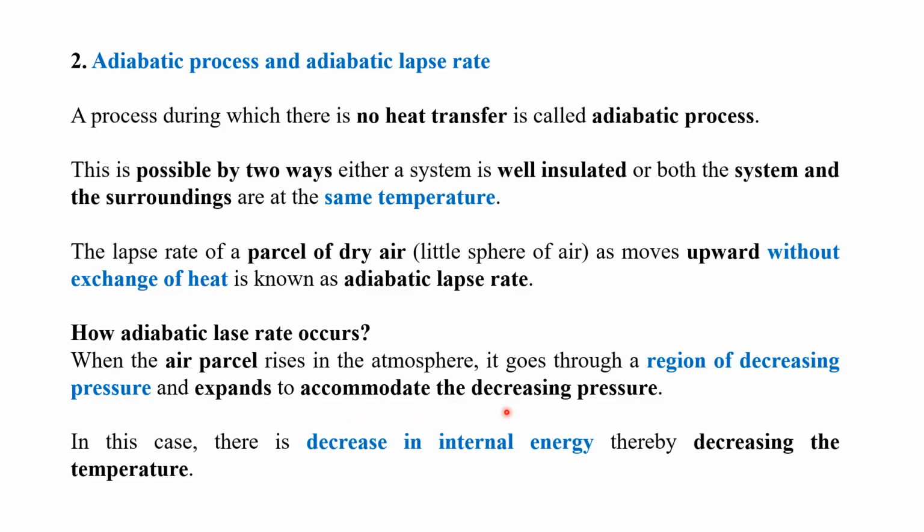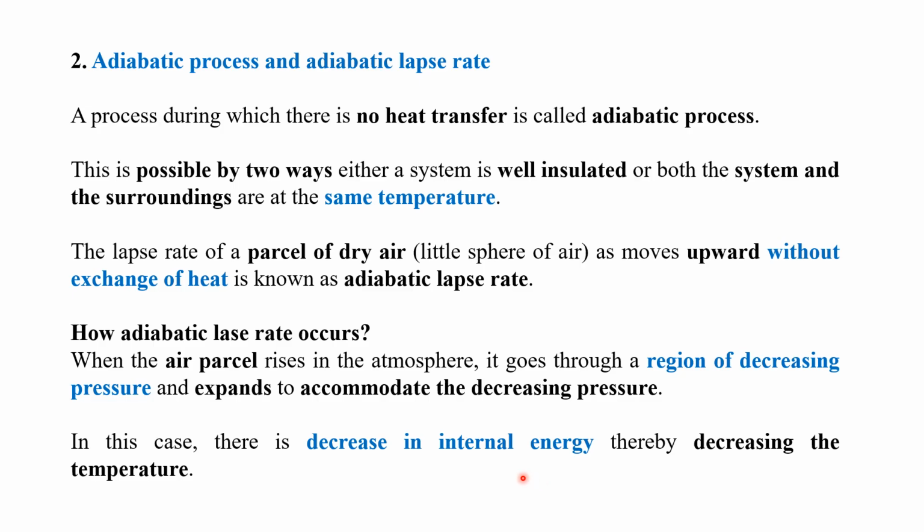Suppose an air parcel moves in the upward direction. There is no heat transfer, right? But the pressure also decreases as we move upward. So due to the change in pressure, there is a decrease in internal energy in the air parcel.